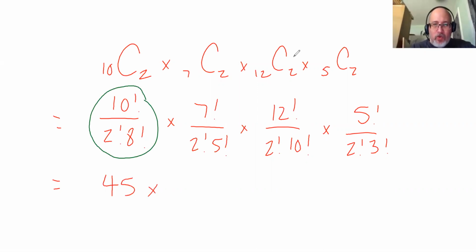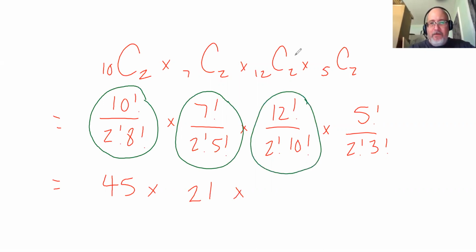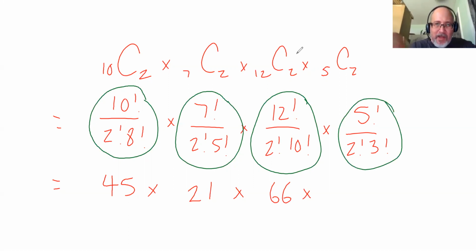And if you just worked out this problem on its own, you should get 21. If you work this problem by itself, you should get 66. And if you worked this problem out by itself, you should get 10.